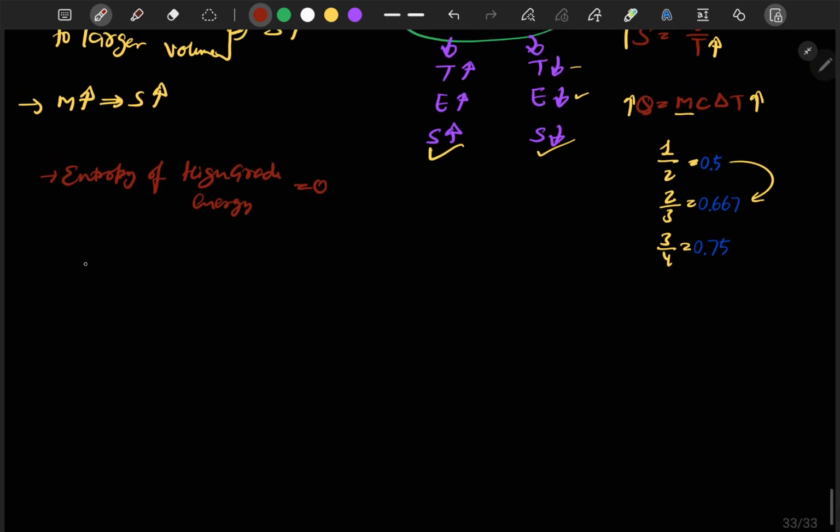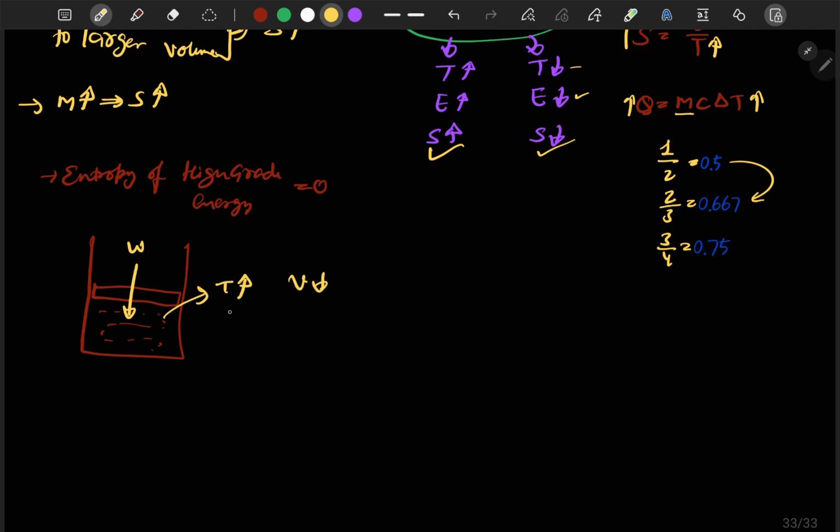So for this case we consider a piston cylinder arrangement. Let's say this is the cylinder, this is the piston, and the cylinder is filled with some gas. Let's say work W is done on the gas. Two things will happen: the temperature of the gas will increase and the volume of the gas will decrease.